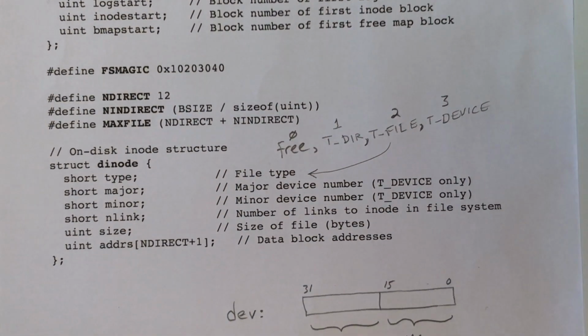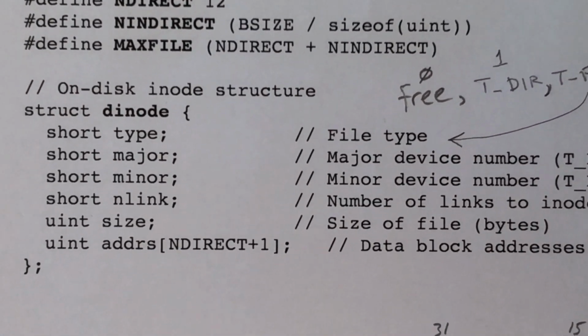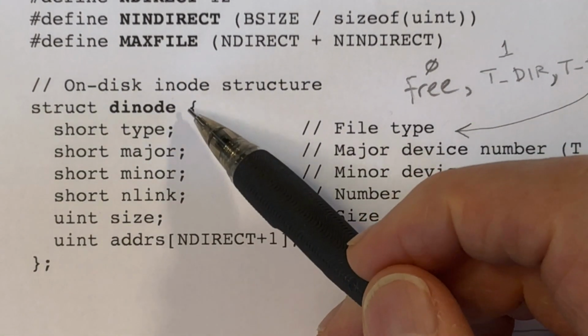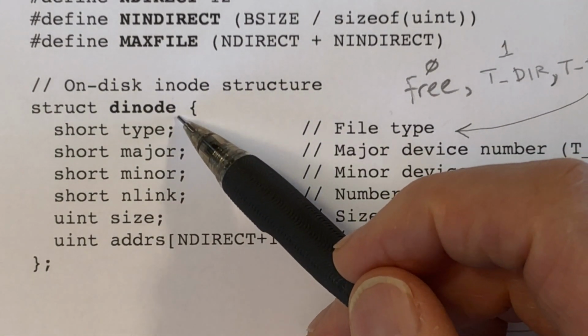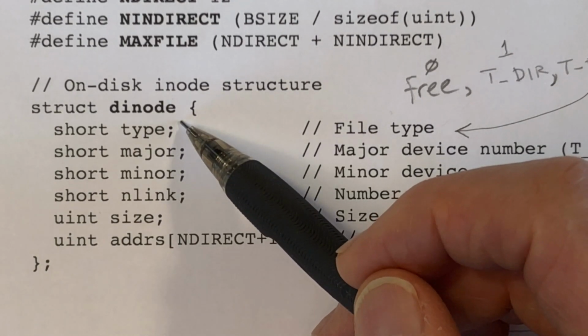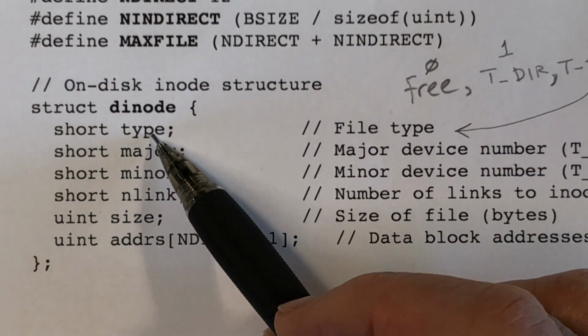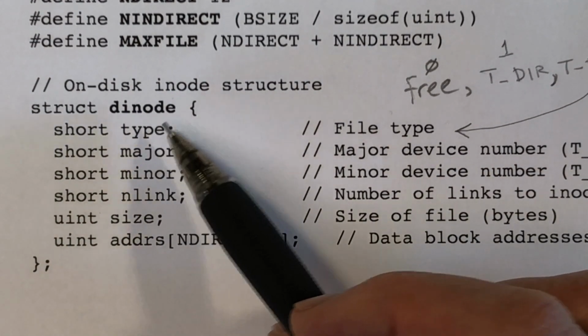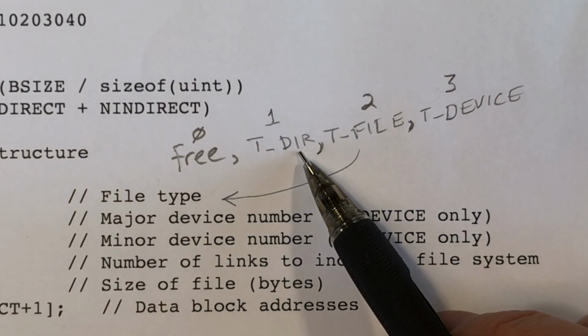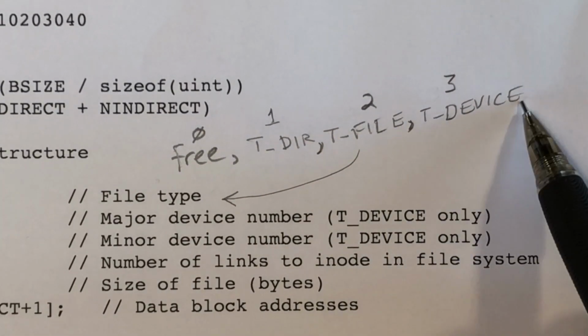So let's take a look at how the inode structure on disk is defined. So here we have a structure that shows the on-disk inode. We don't see the inumber. As I said, these things are kept in an array that's indexed by the inumber, so the inumber is implicit. The type field tells what kind of file this is, and we have several constants to indicate whether it's a directory, a regular file, or a device.